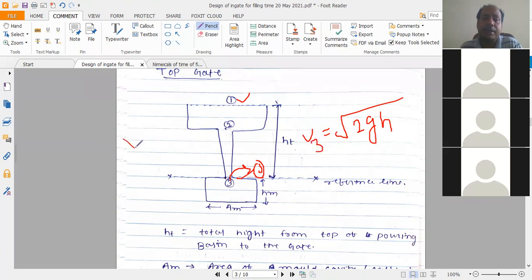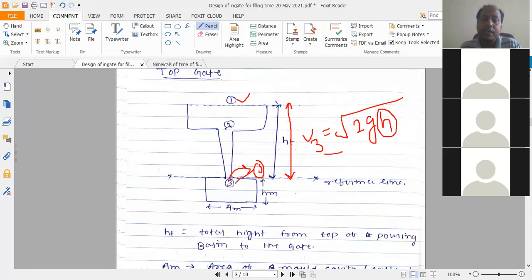This comes from the simple kinematic equation, v square equals u square plus 2gh, and you can determine the velocity at point 3 due to this head. So the velocity is a function of the height, the head causing the velocity.